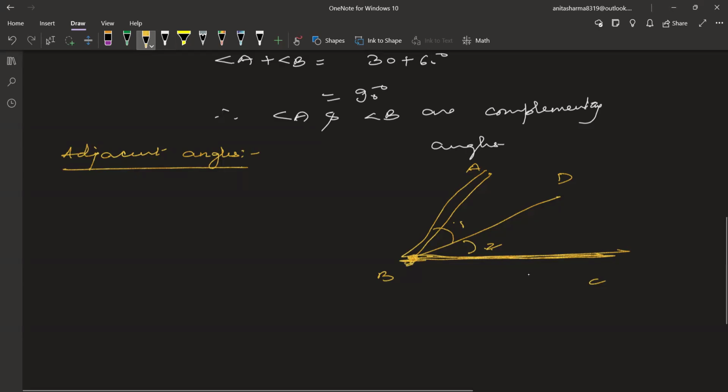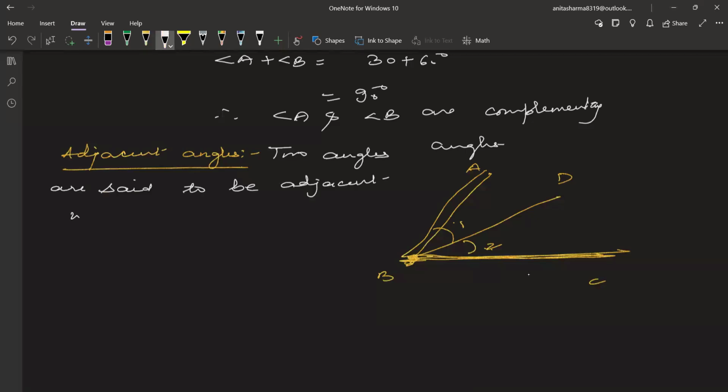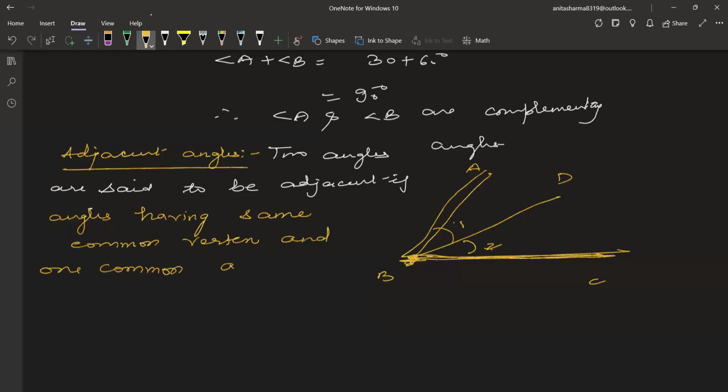Let's write the definition. Two angles are said to be adjacent if the angles have the same common vertex and one common arm, lying on the opposite sides of the common arm.